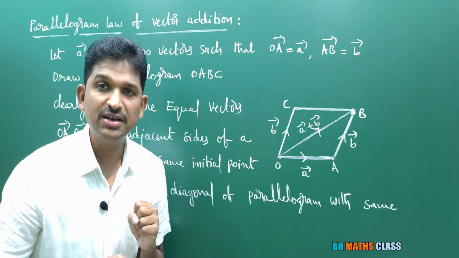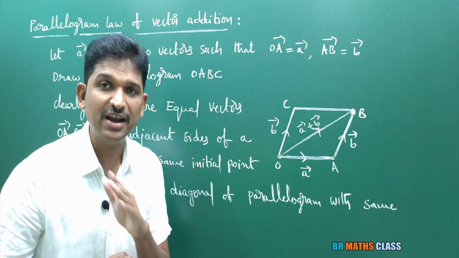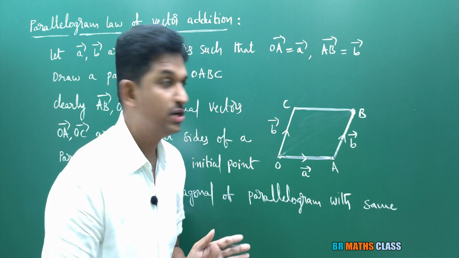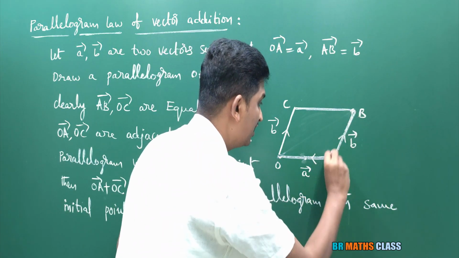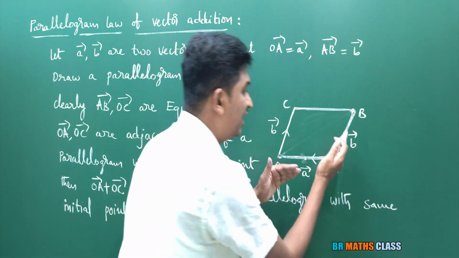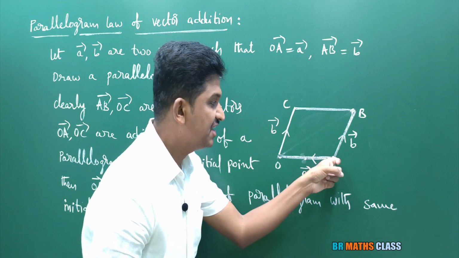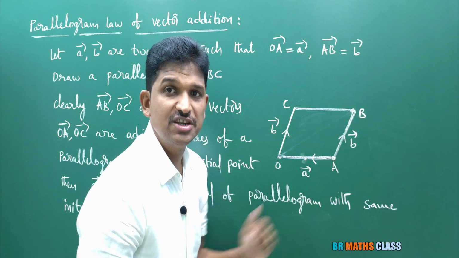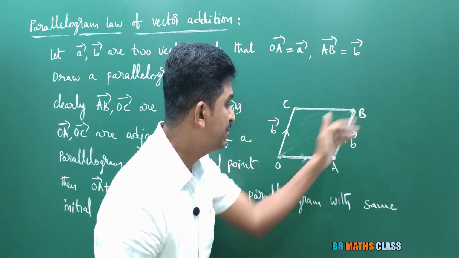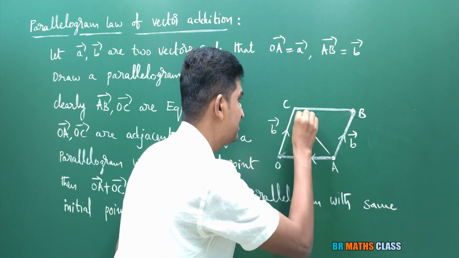Now I will discuss one point related to parallelogram law of vector addition. With that you will get more clarity. As per the parallelogram law, we can say this also. AB bar, AO bar are the adjacent sides of a parallelogram with the same initial point A. The addition of these two vectors will give you, as per parallelogram law, the diagonal of the parallelogram with the same initial point.